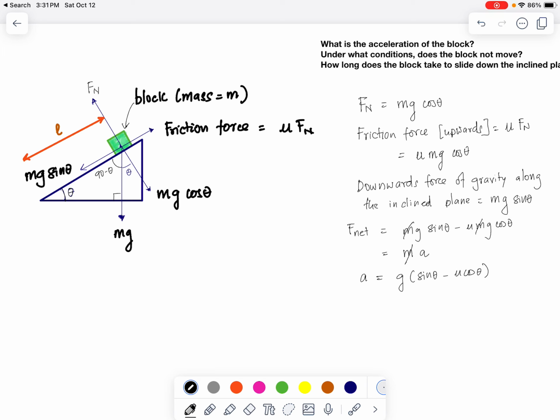If you see here, the condition for the block to be stationary is when the force acting on the block along the inclined plane is 0. If the net force here is 0, it means that the acceleration is 0, and therefore g times sine theta minus mu cosine theta is 0, which can be rewritten as sine theta equals mu cosine theta, and we know that g is not 0, and we divide by cosine theta on both sides.